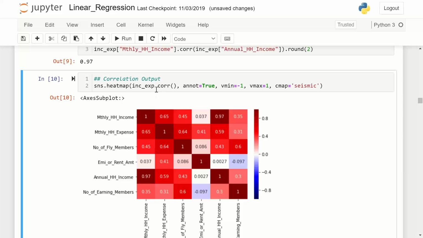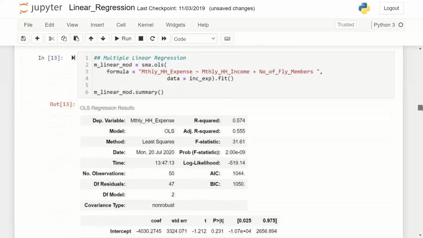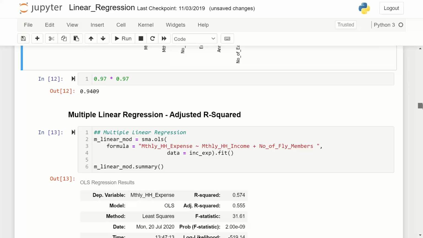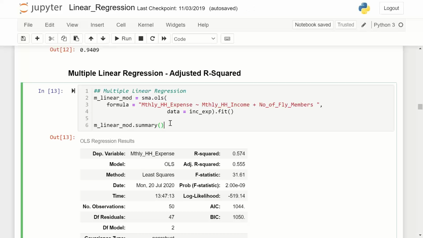The 0.97 is a high correlation between monthly household income and annual household income, which is obvious, but these are important things that we'll have to see. We'll cover that later. So now we get into multiple linear regression.